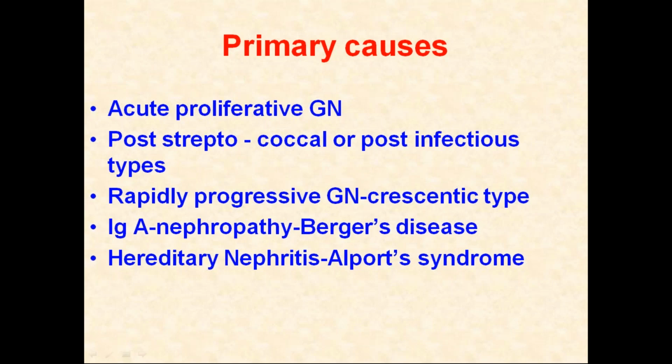You have acute proliferative glomerular nephritis, post-streptococcal or, excuse me, post-infectious glomerular nephritis. Your other cause is RPGN, or rapidly proliferative glomerular nephritis.